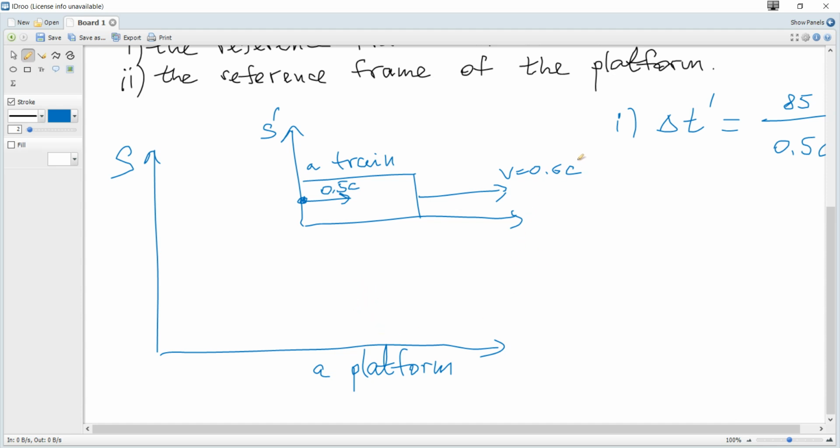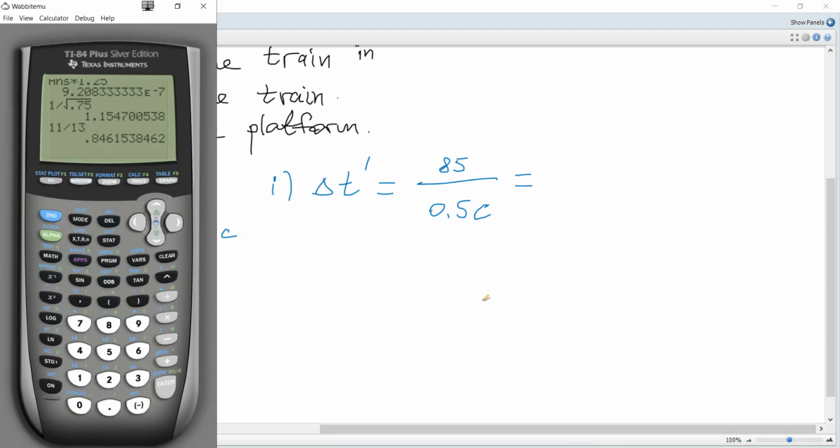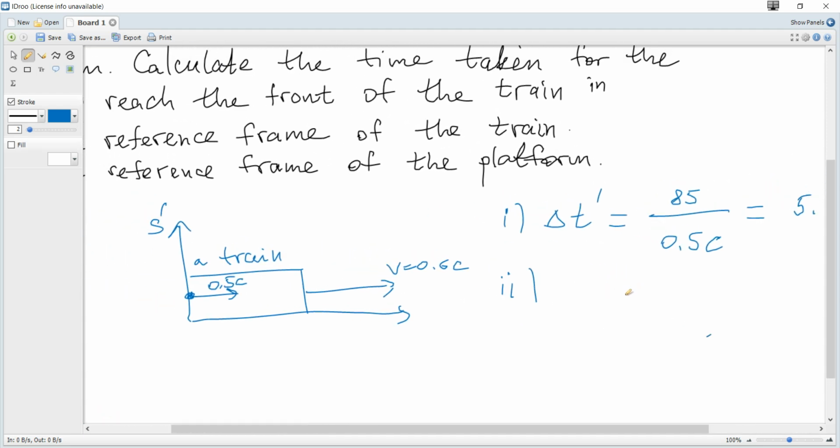Gamma should be calculated for this value of v, and in this one you can see that it becomes 5.7 times 10 to the power of negative 7 seconds.